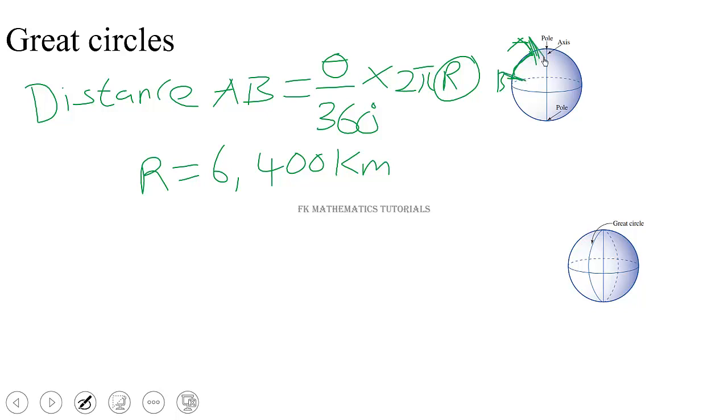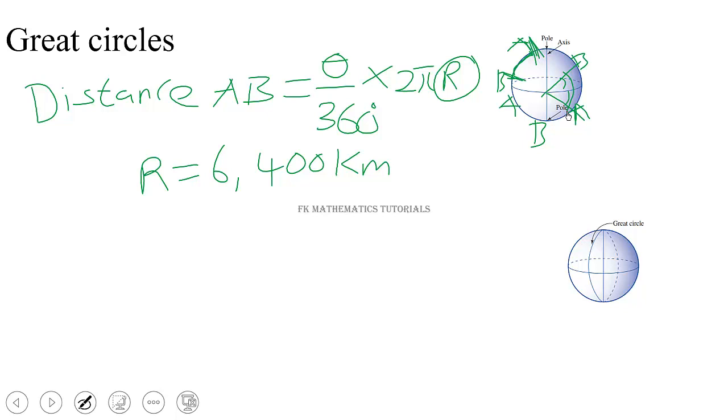If A and B are also on the same side, maybe they are both to the south, then we again have to subtract the angles. But if A is here and B is here, then we have to add the angles. So this angle plus this angle will give us the angle from A to B.